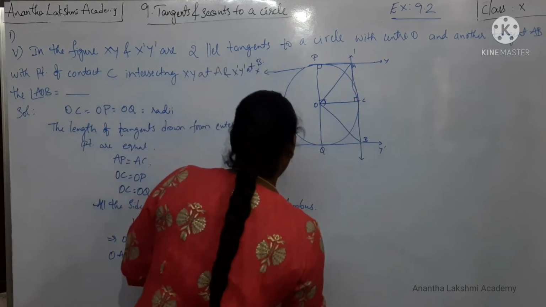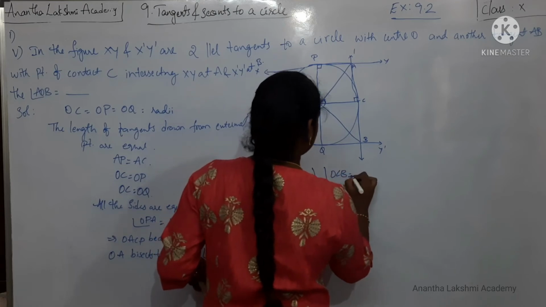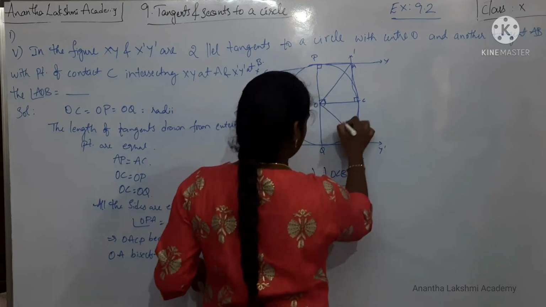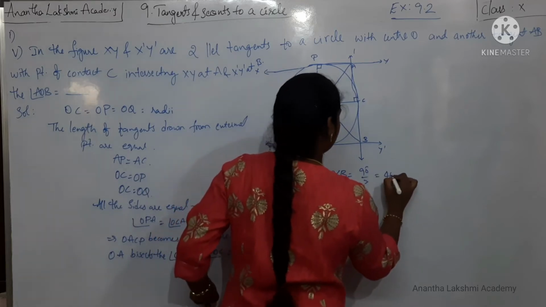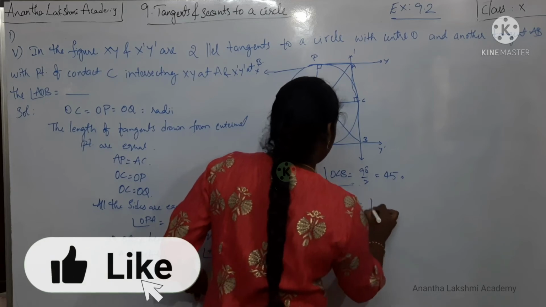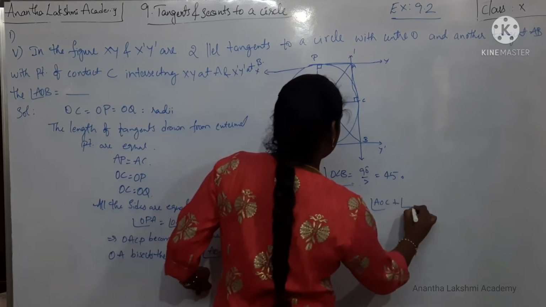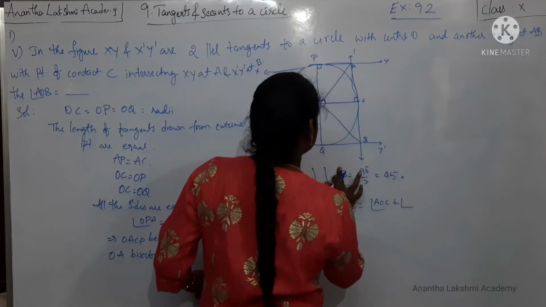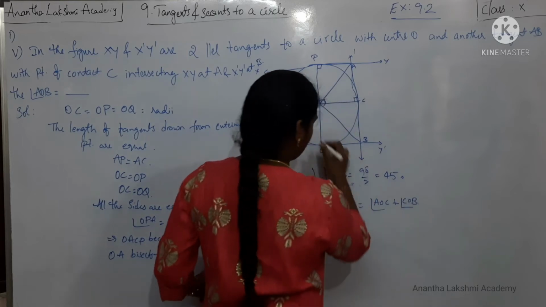So angle COB is also 90 by 2, which is equal to 45 degrees. So now angle AOB is equal to angle AOC plus angle COB, or BOC.